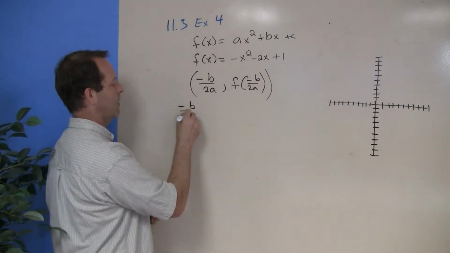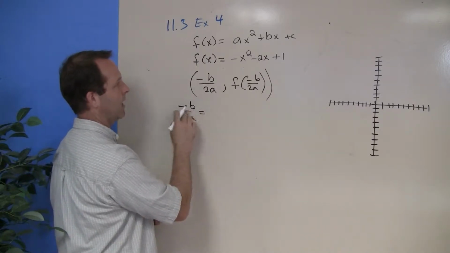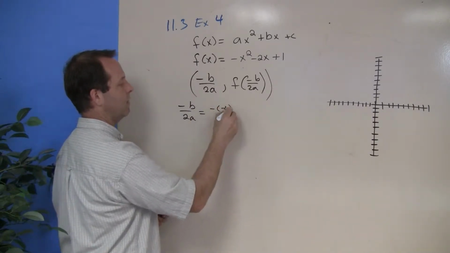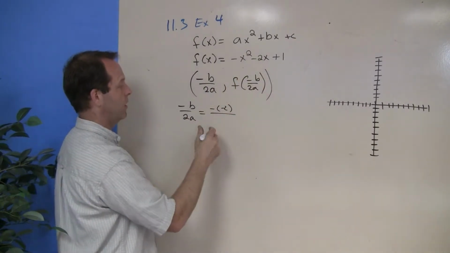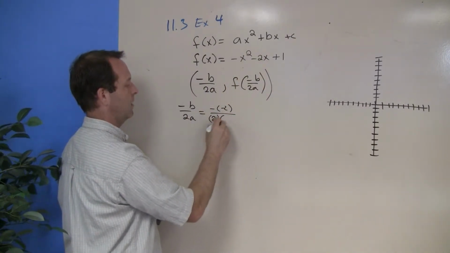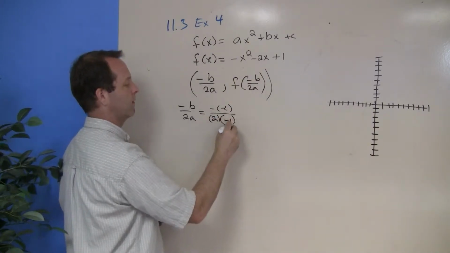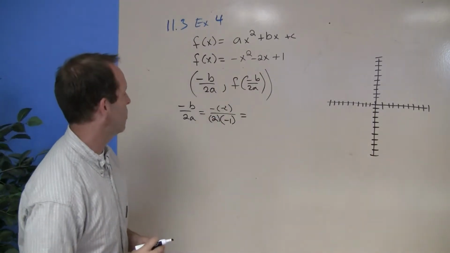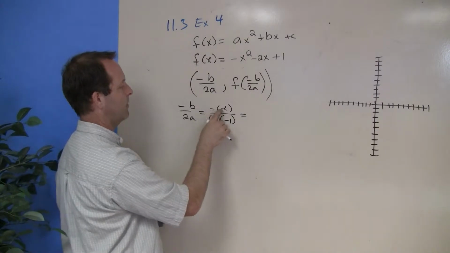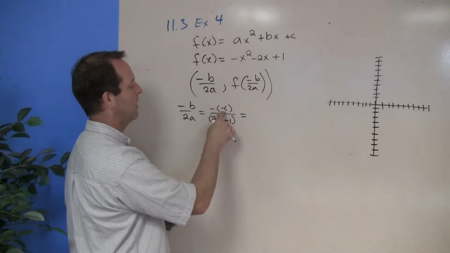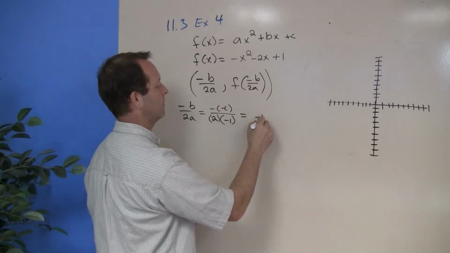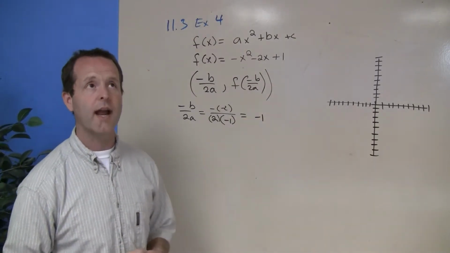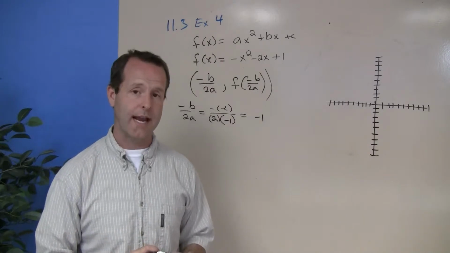Negative b over 2a: negative b is a negative 2, since b is negative 2, over 2 times a, and a is a negative 1. So what it looks like I have is a negative times a negative gives me a positive 2. Positive 2 divided by a negative 2 gives me a negative 1. So my x coordinate of my vertex is negative 1.